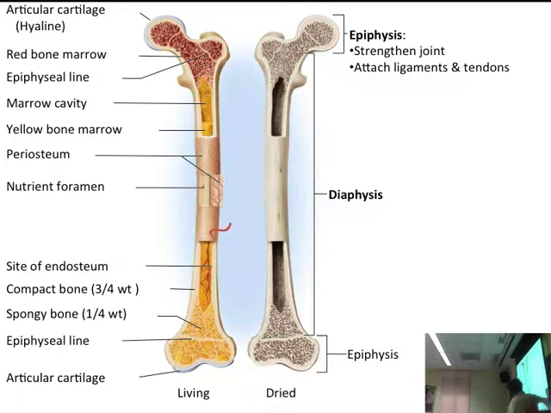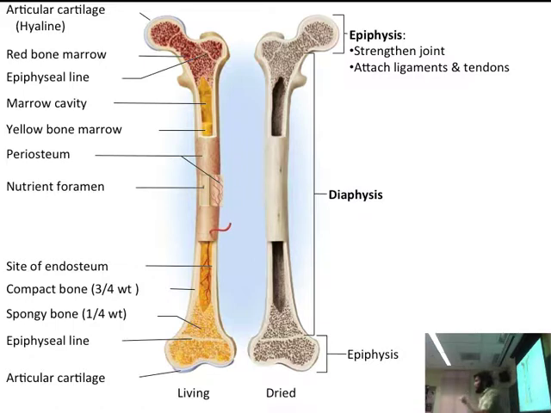The structure of the bone is broken up into three parts. There's the diaphysis, which is the long length of the bone. And then there is the proximal and distal epiphysis. The epiphysis is the end of the bone where it articulates with something. You see here this epiphyseal line, and it's a thin sheet of compact bone that separates the epiphysis and the diaphysis.